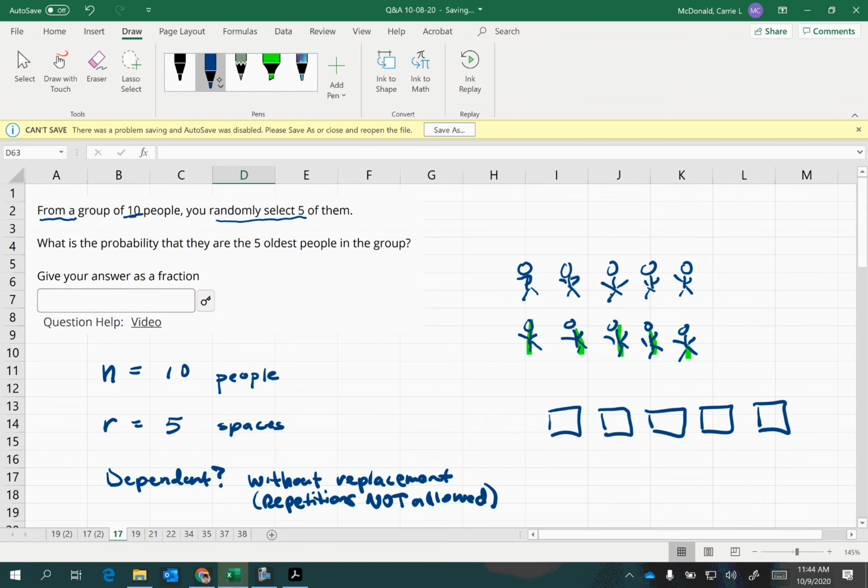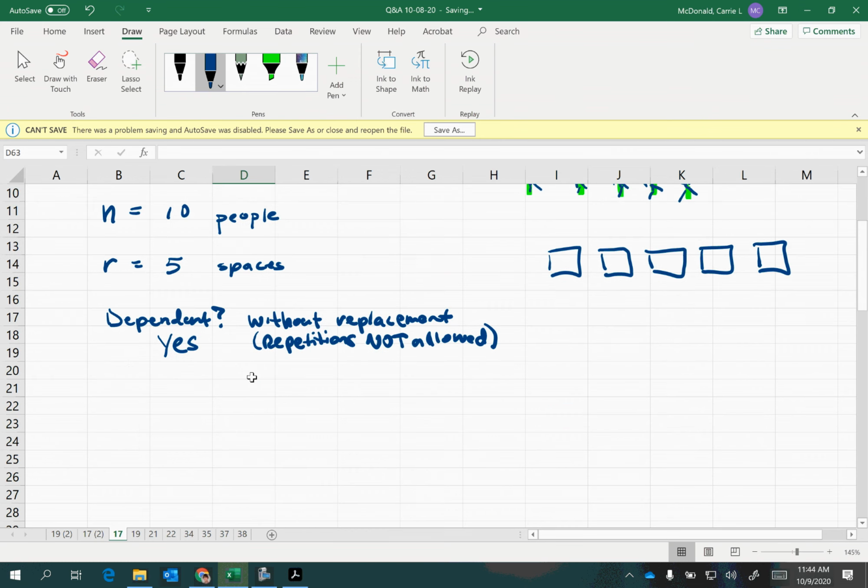Okay, now that we've figured that out, the next question you want to ask yourself is if order matters. Does order matter? The reason that we want to always ask this is because there's one formula that we might be able to use, the combinations formula, nCr.